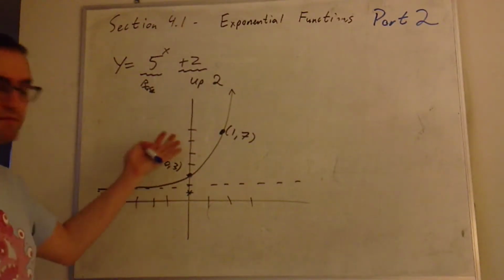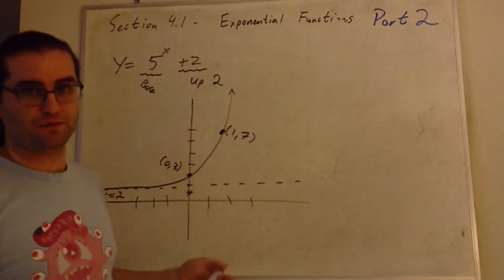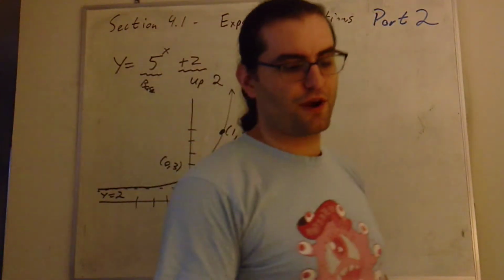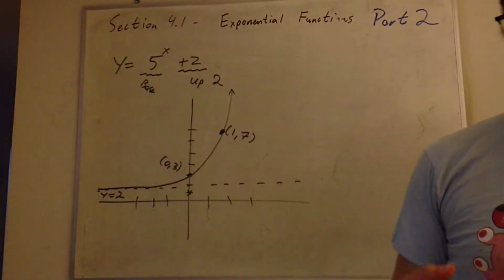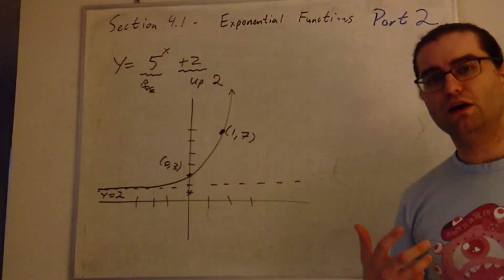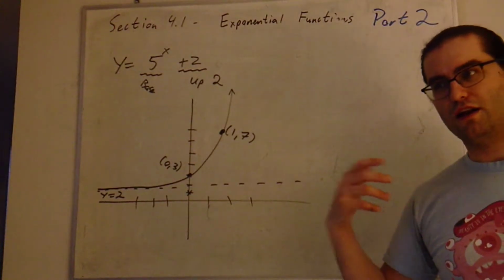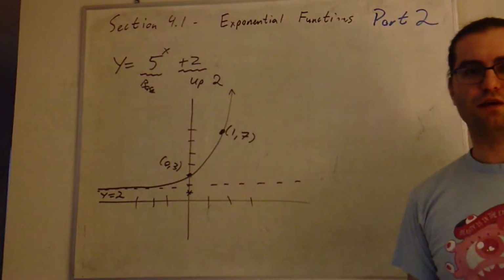So this is sort of the goal of this section. Making a table of values is a great way to explore an idea for the first time and give yourself a sense of what's happening and why it's happening. But the goal is to not be making a table of values every time.